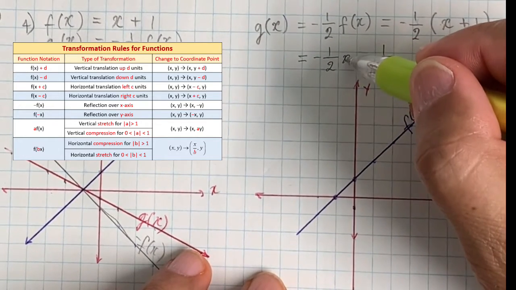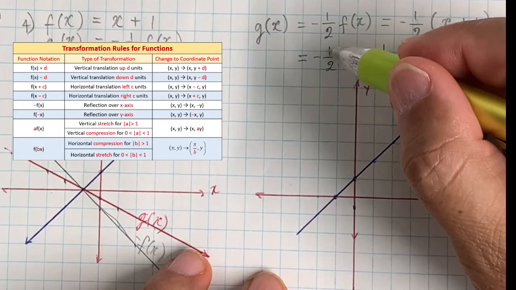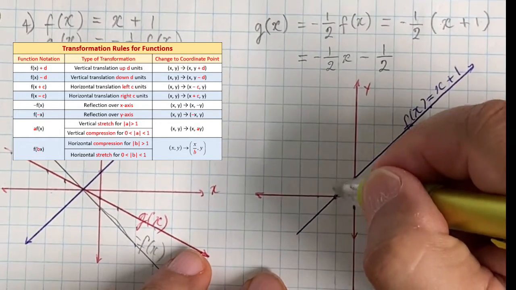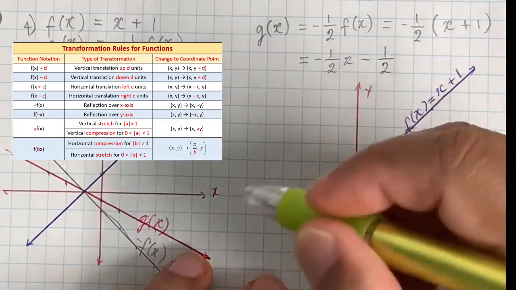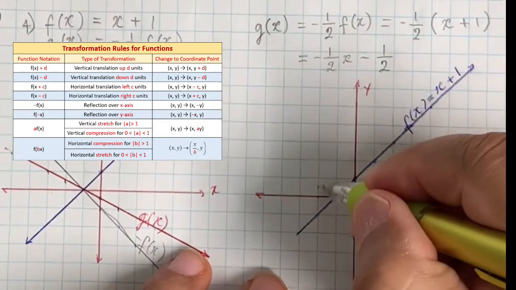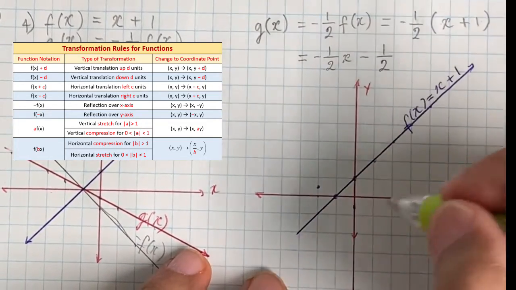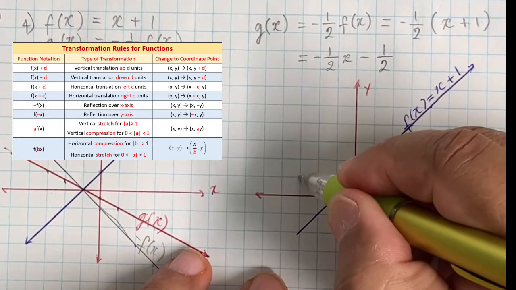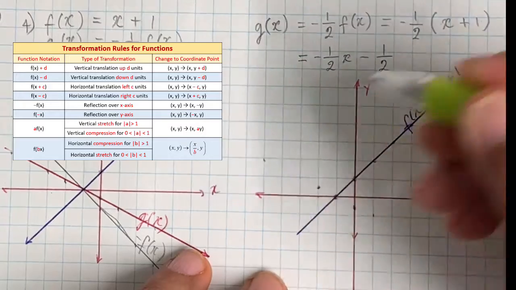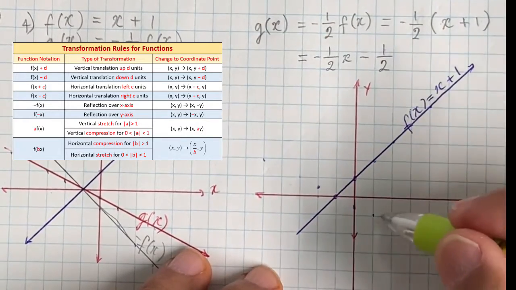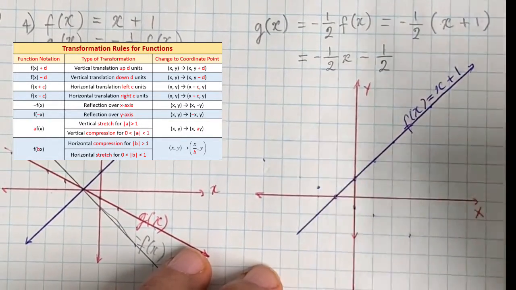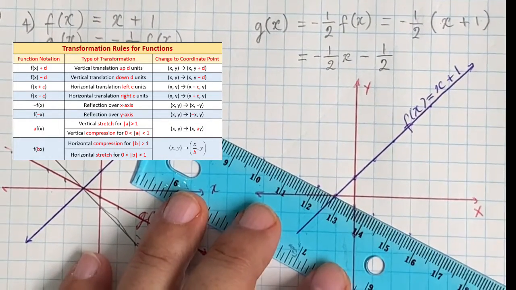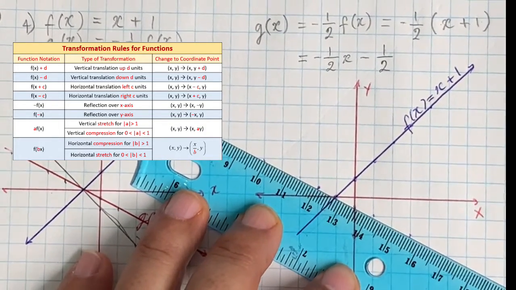Okay, but +1 minus 1/2 is 1/2. You see right here? There we go. Right there. Okay. So it's gonna be here and there and there. Okay. And here. Those are the straight lines that I need to draw for my g of x.